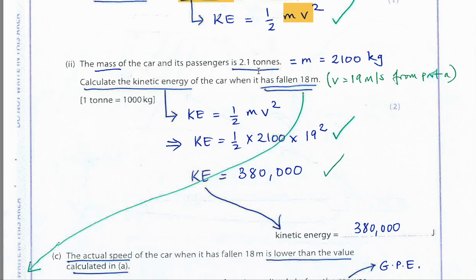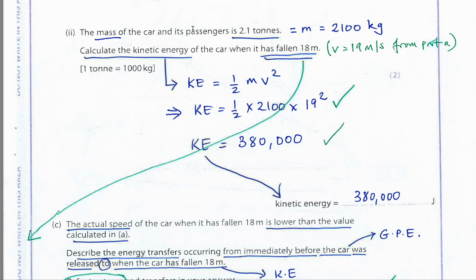Okay, the mass of the car and its passengers is 2.1 tons. A ton is 1,000 kilograms. They tell you that later on in the question. So it's 2,100 kilograms because that's what we've got to use in the equation, and they want you to calculate the kinetic energy using the formula that you had to quote before. And it has fallen 18 meters.